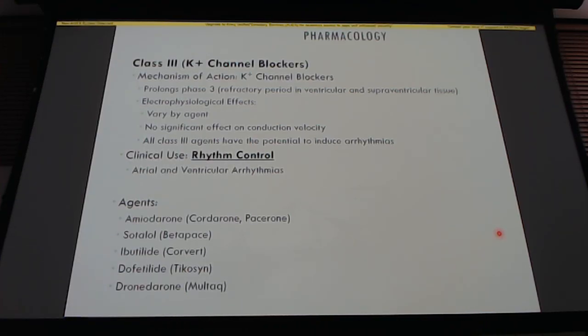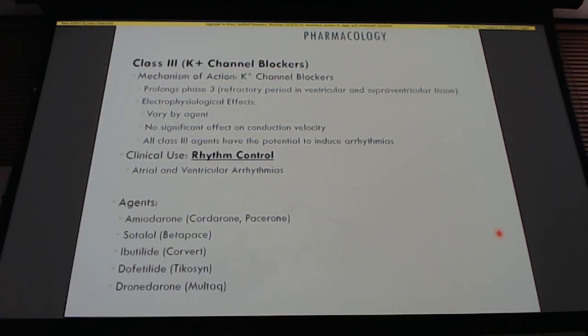Sotalol. Sotalol, you would think would be in our class 2, right? But when they did this classification, it has more effects on the potassium, so that is why it is your only beta blocker classified in class 3. Okay, so that is your big exception.